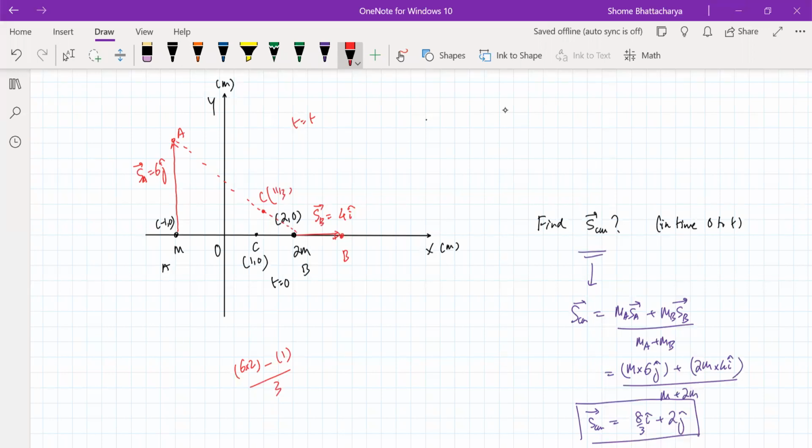The y coordinate would have been 0 plus 6 divided by 3, so 2. See that this is the displacement vector of the center of mass, which will agree with this. 11 by 3 minus 1 is 8 by 3.